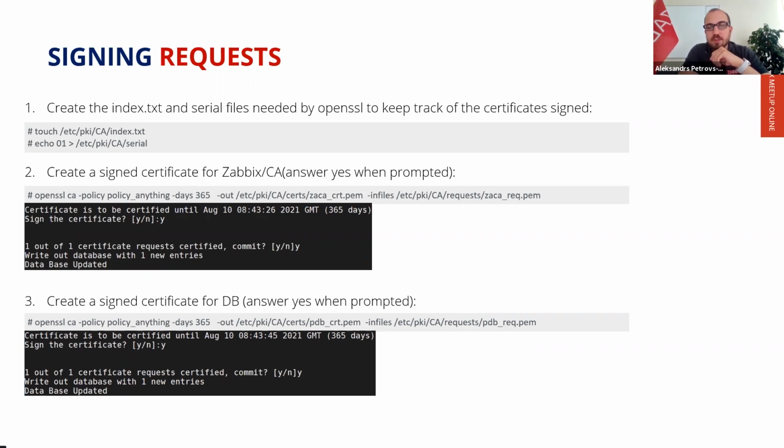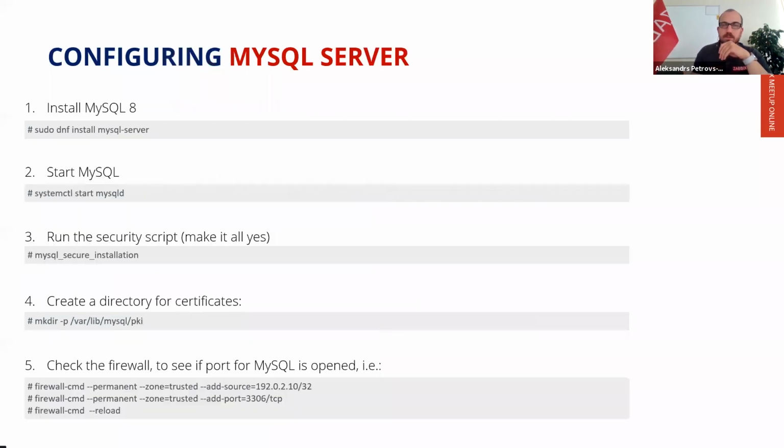So we are accepting that we're signing certificate, and then we are basically committing that this is a certified request. So this is basically, in other words, legitimate request. And then the same way we create a signed certificate for the database. Again, we will need all those files to actually make an encrypted connection. And then we go back.